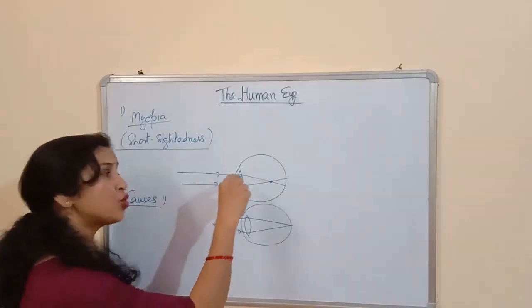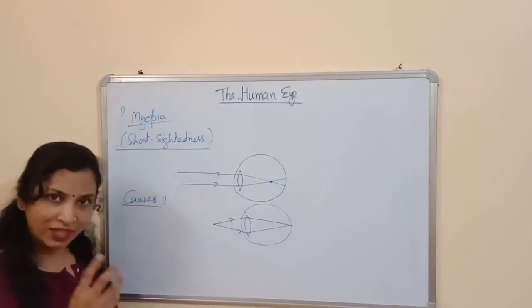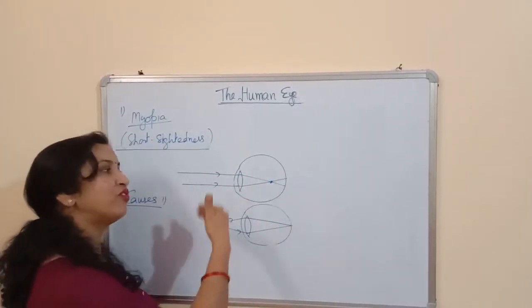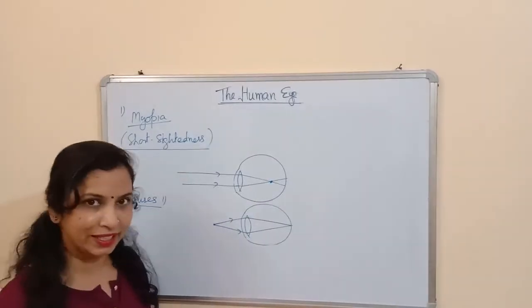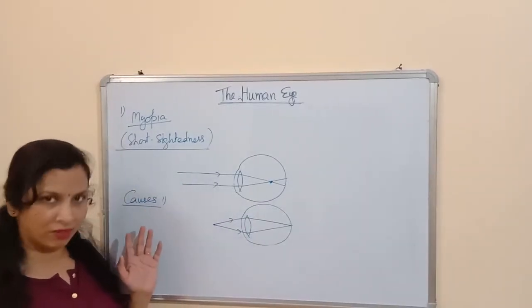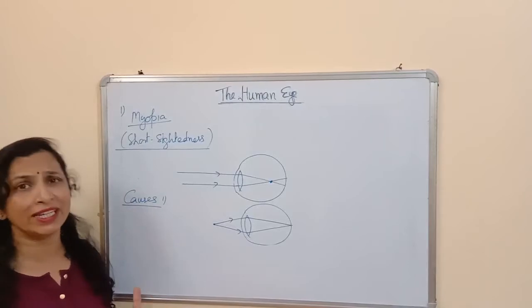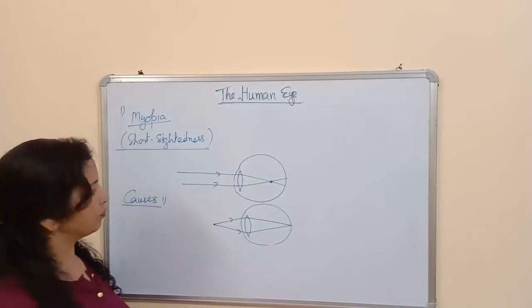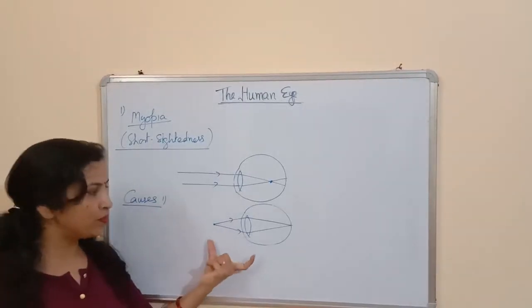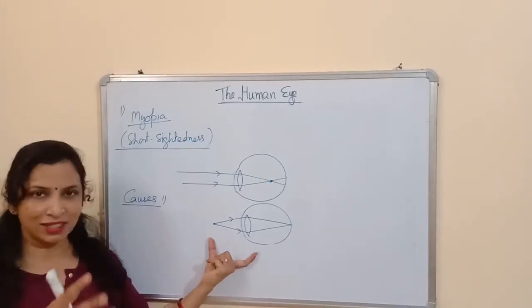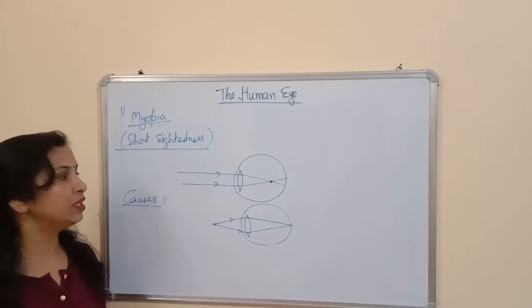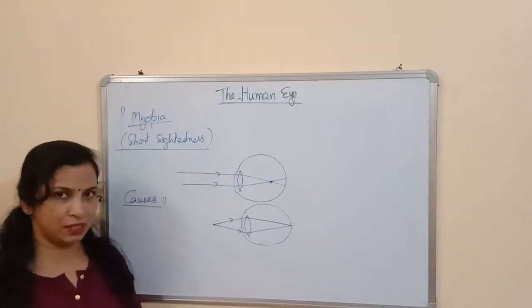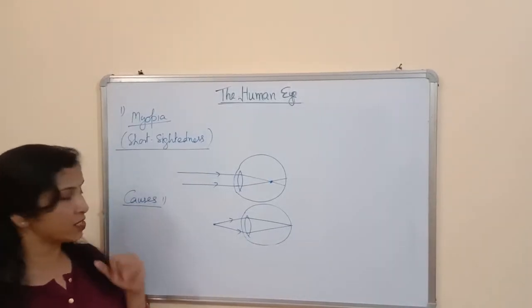Due to this short focal length, the image is formed before the retina, and due to which we are not able to see clearly the object which is at infinity or far away from us. For a nearby object, this lens can converge the light coming from it. So the first cause can be that the focal length of the lens becomes short.